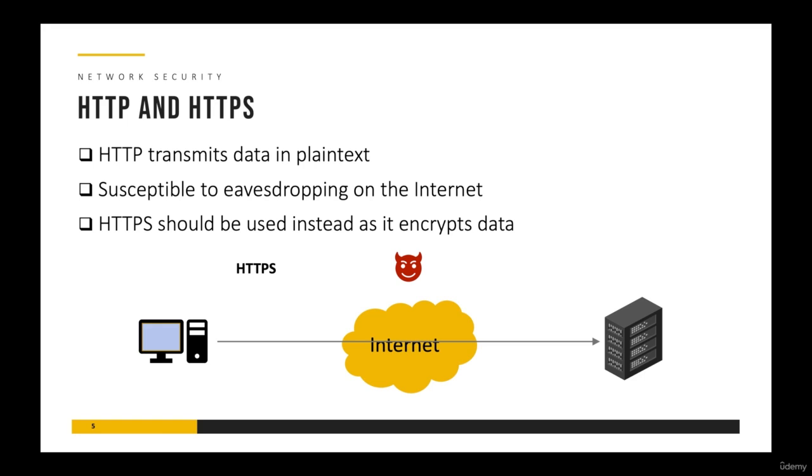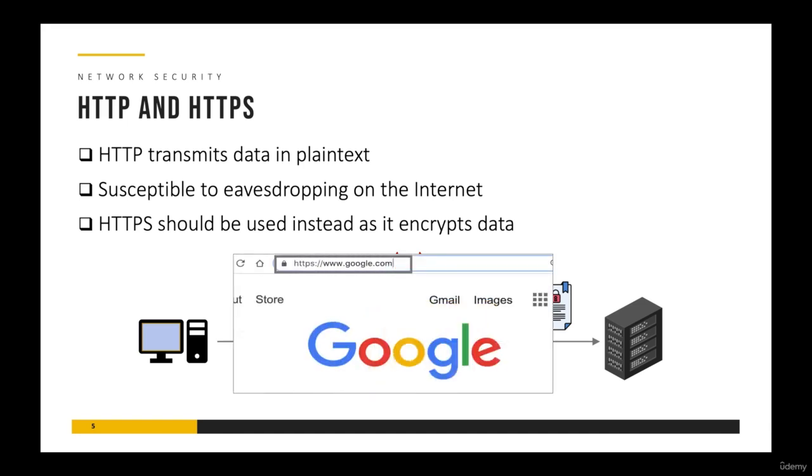In contrast, when you use the HTTPS protocol, it encrypts your data so that even if somebody eavesdrops on it and they get a copy of your traffic or your packets, they will not be able to break it easily because HTTPS uses state-of-the-art encryption algorithms which are very hard to break. So as a cybersecurity professional, you should always strive to use HTTPS in your organization and when you're designing cybersecurity solutions. If you visit a website and you see this small lock icon, then it means that this website is using HTTPS.